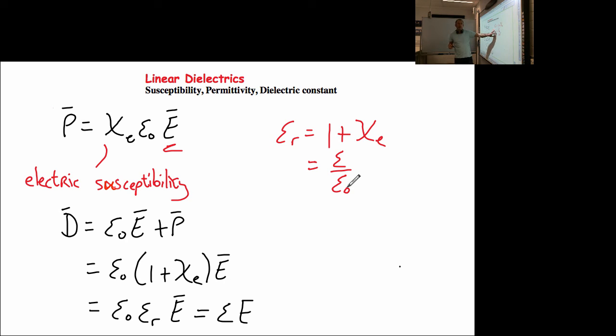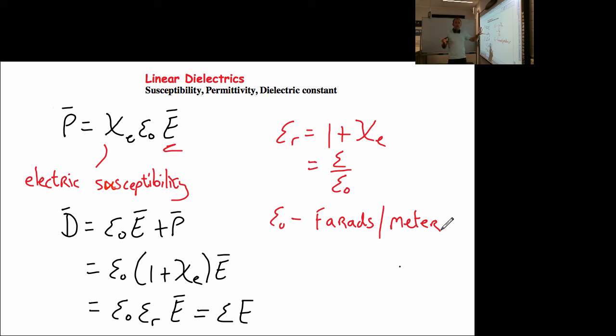The permittivity epsilon has the same units as epsilon naught, which is farads per meter. The quantity epsilon is a permittivity.